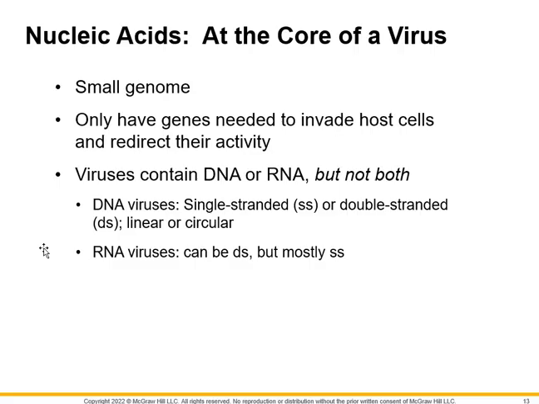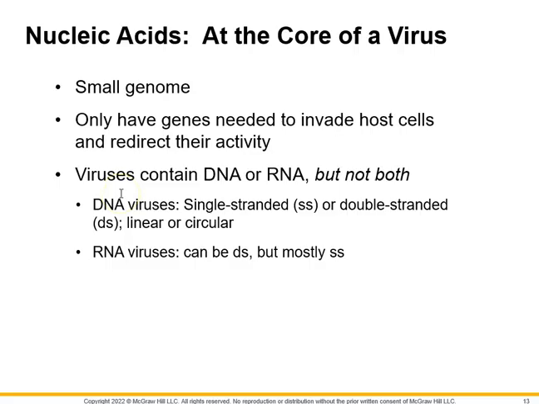Because that's unique for that virus. It has to be able to replicate its protein, so it carries the information on how to make those proteins. And there could be some other enzymes that are needed for viral replication or for different structural factors. But overall, viruses don't need a lot of genes. Most viruses have fewer than 300 genes, so a very small genome.